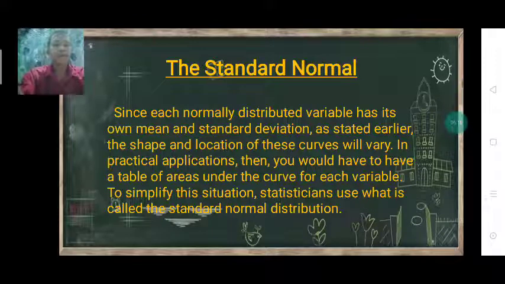Since each normally distributed variable has its own mean and standard deviation, as stated earlier, the shape and location of these curves will vary. In practical applications, then, you would have to have a table of areas under the curve for each variable. To simplify the situation, statisticians use what is called the standard normal distribution.